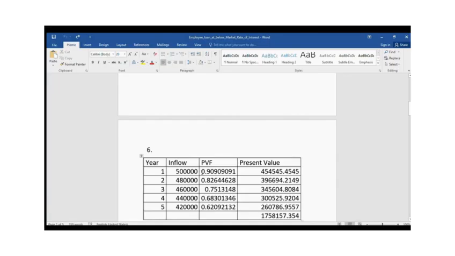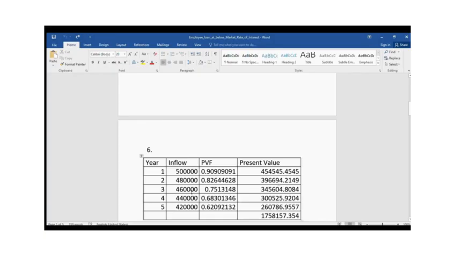So 1 divided by 1.10 raised to the power of 1 would be 0.909. So 5 lakh into 0.909, 454545 would be the present value for the first year. For the second year, 4 lakh 80,000 into 1 divided by 1.10 raised to the power of 2, that will be 0.826. 396694 would be the present value for the second year.